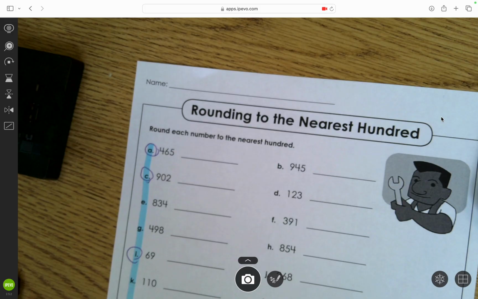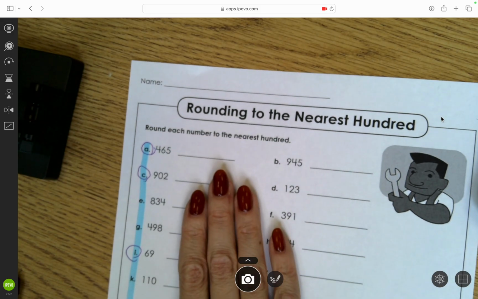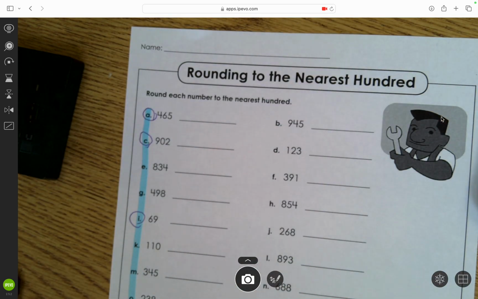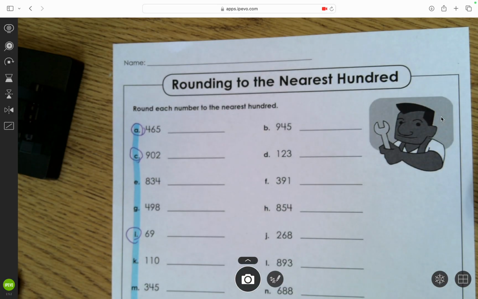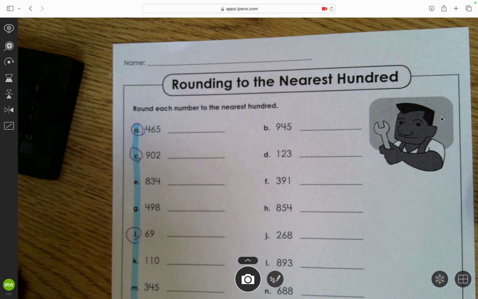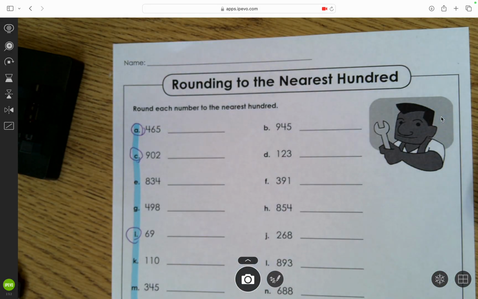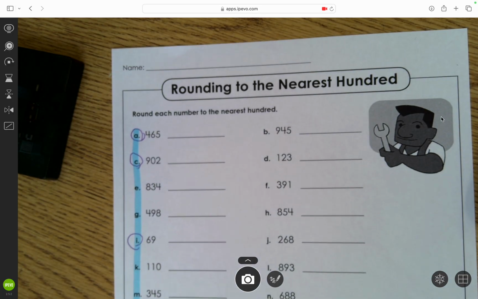The success criteria today was both using a number line and the rounding rules. Today for homework, we're just gonna focus on our rounding rules. So it is, I can use rounding rules to round the whole numbers to the nearest 100, okay? So in completing these, we're gonna follow these steps to round. Make sure you have that anchor chart out.